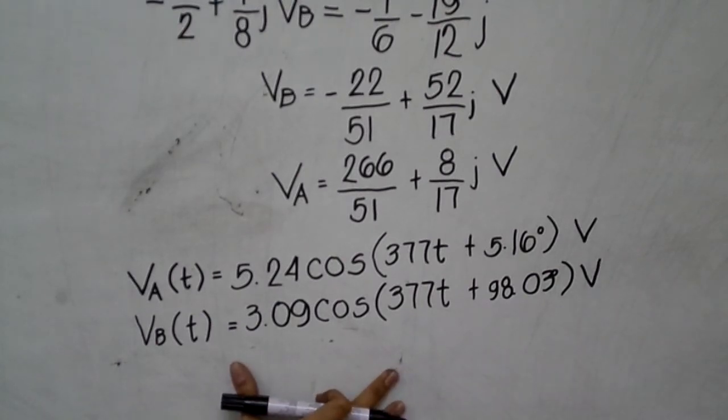So here are the volts at node A and the volts at node B.